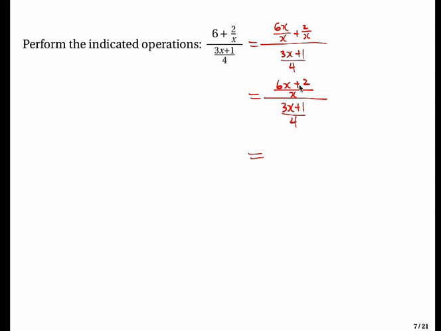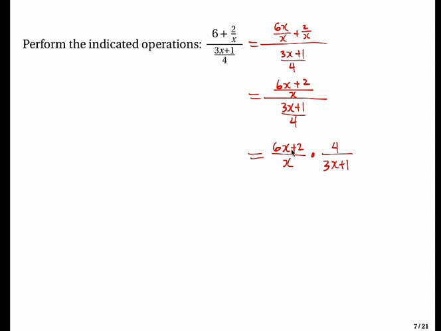Doing that means that for the big denominator, we will have to get its reciprocal. So we will have 6x plus 2 divided by x times 4 over 3x plus 1.